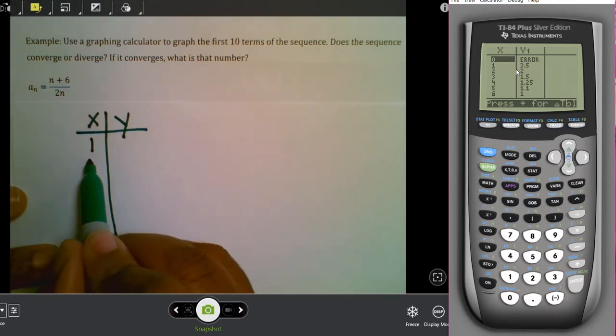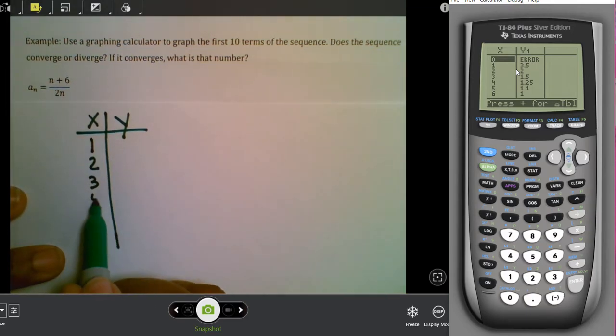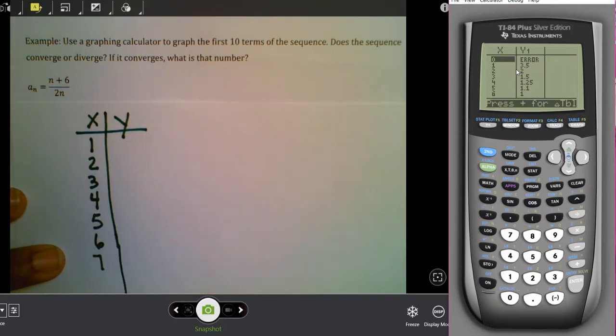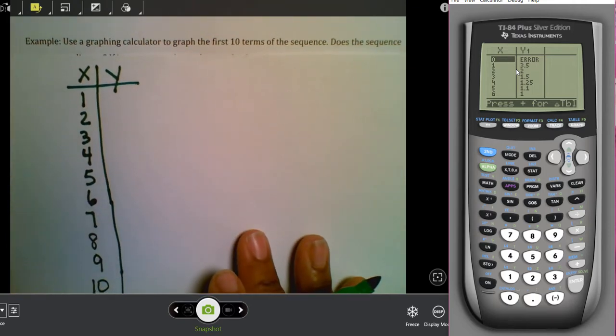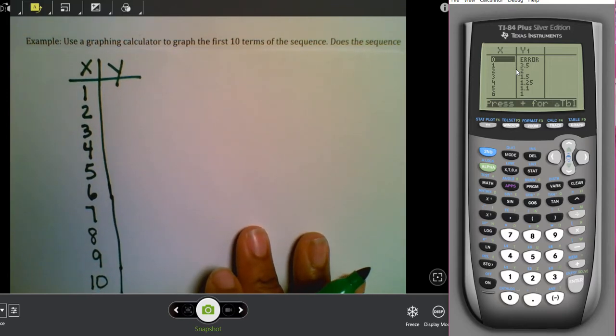So you can go ahead and list for X 1 through 10, and then we'll plug in for Y. So pause, give yourself a few seconds, write all of the Y terms, and then we'll proceed.